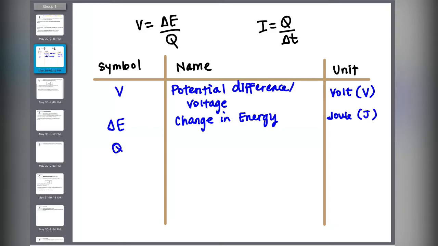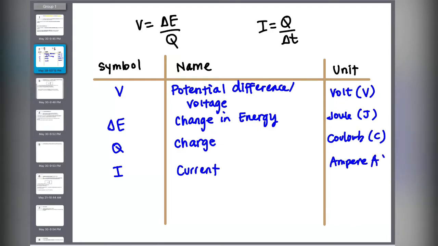Capital J. Q is something that is not as commonly seen, but we did use it in grade 9, and I'm just going to quickly tell you what it is again. It is the charge. So electrical charge is measured in coulombs, capital C. Okay, so we've covered V, E, and Q. I is current and is measured in amperes, with the capital A. And time, delta T, is measured in seconds.